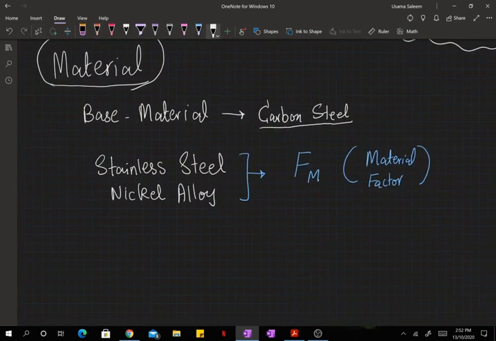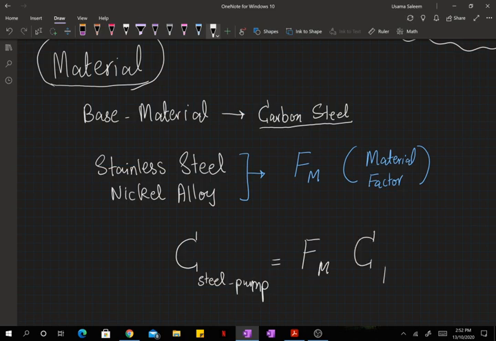So the cost of a steel pump would just be equal to the material factor times the cost of the pump in the base material, which is usually carbon steel.